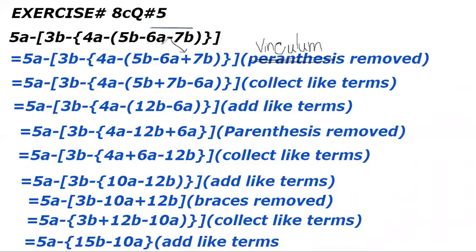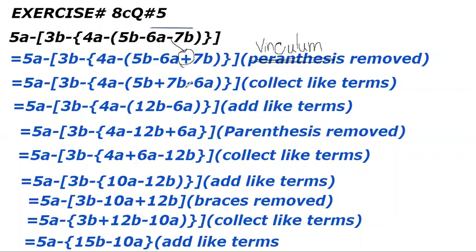And we will copy all the terms from the above step down in the below step. See, minus 6a, 5b, parenthesis, negative sign, 4a. Every term is copied down from the above step. The only change is that we have changed the negative sign into a positive sign in order to remove the vinculum.